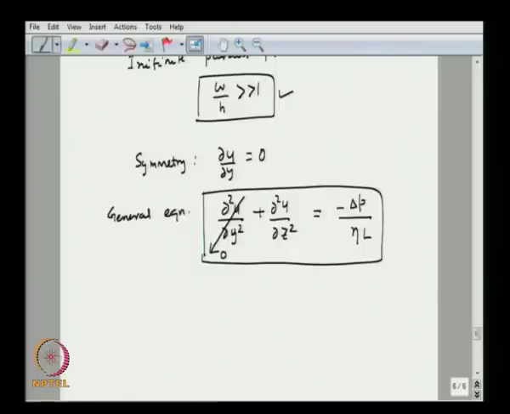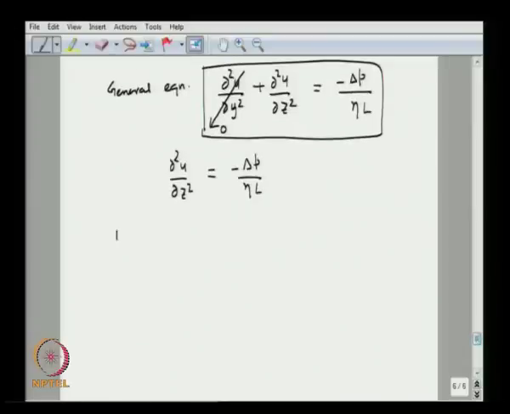So, what we see here is del square u over del z square is minus delta p over eta L. Now, if you look at the boundary conditions, we can expect that u at 0 is 0 and u at height h will be equal to 0, and this is no slip. Okay.